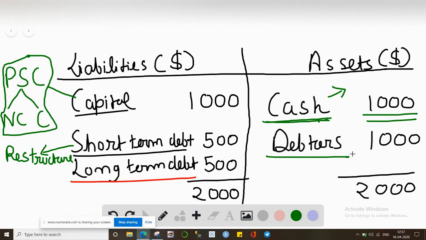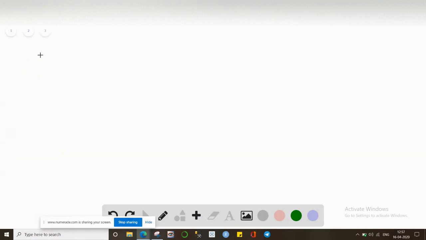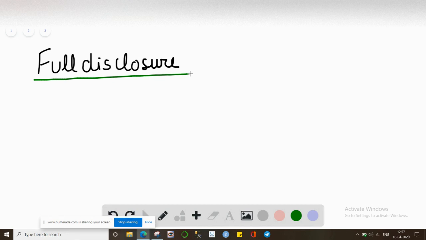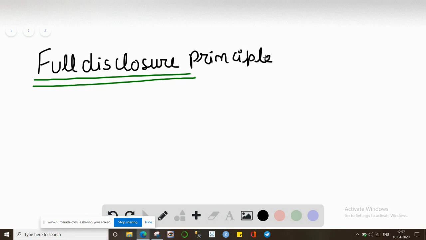Same as for debtors, we can have such matters also. That is why it is called full disclosure. Its literal meaning gives all the answers itself. You have to disclose everything which has been presented in the financial statements.